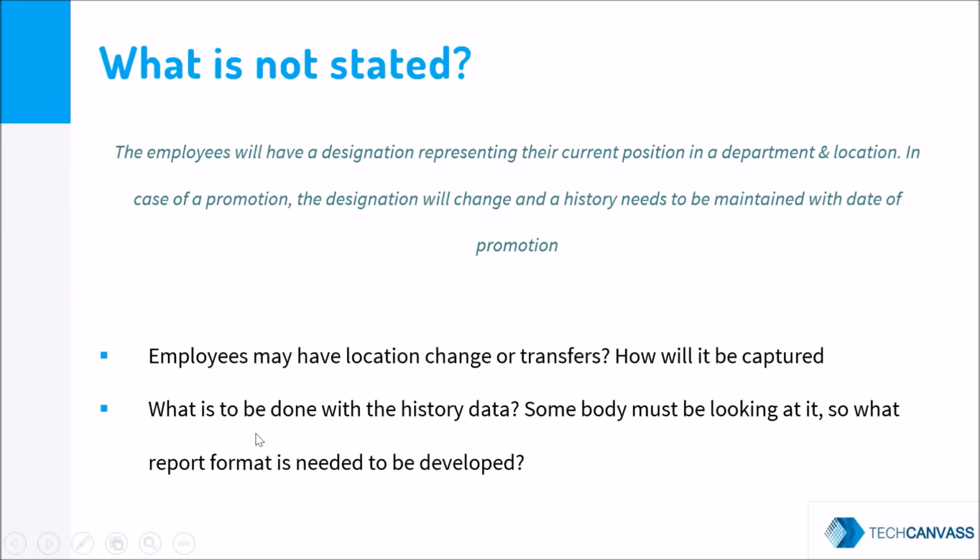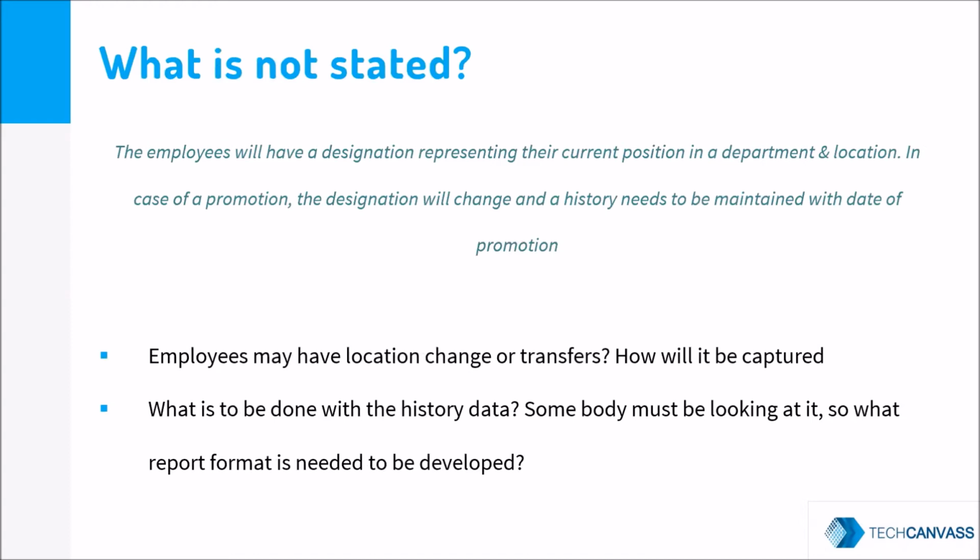Second, there is a requirement of maintaining the history of the promotion. If there is a requirement to maintain the history, there is a natural question that this data has to be shown to somebody when required. So does it mean you need to create a report for it?